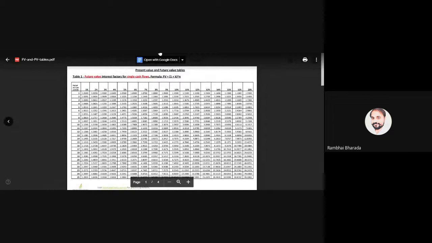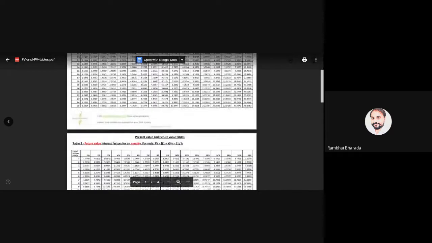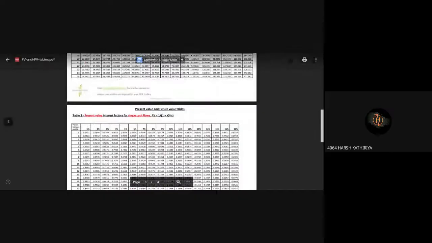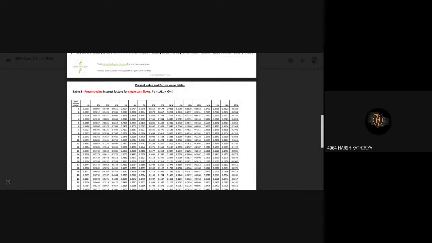See, this is visible to you. See, table number 3. Present value interest factor for single cash inflow. Now look at how many percent we have? 10%. So go to the column of 10%.